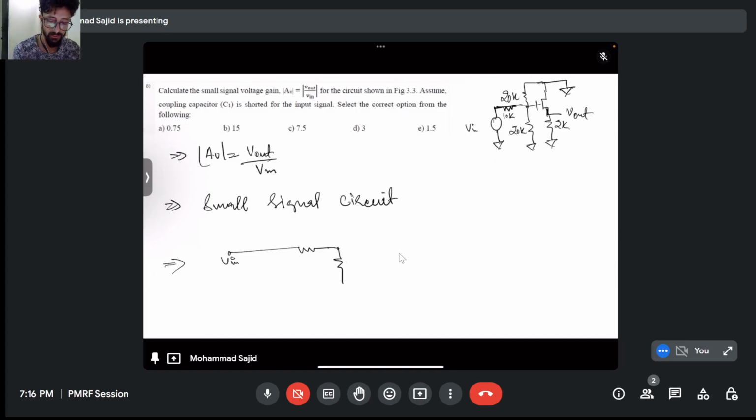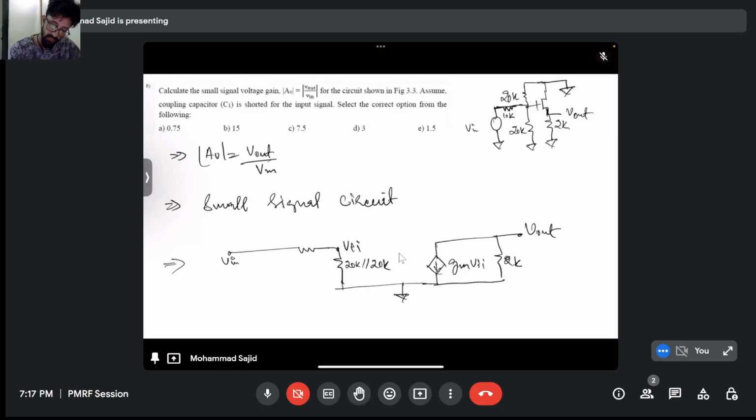This will be 20K parallel 20K. This is GM Vπ. This will be your 2K, and this will be your V out.